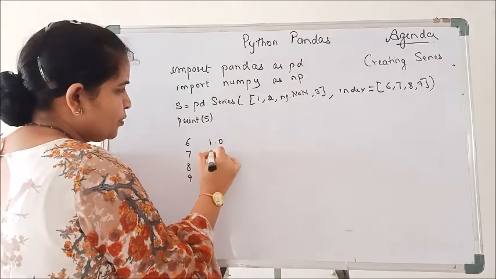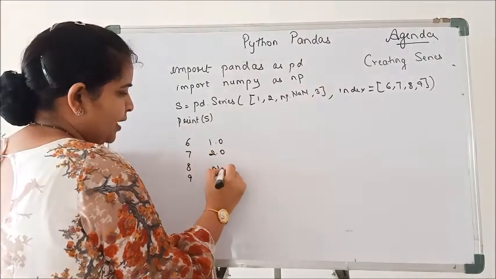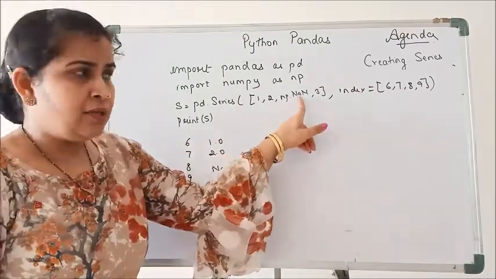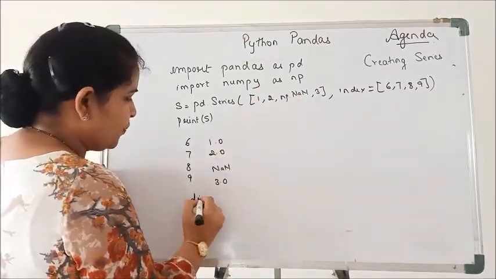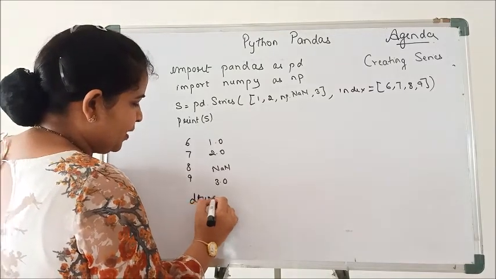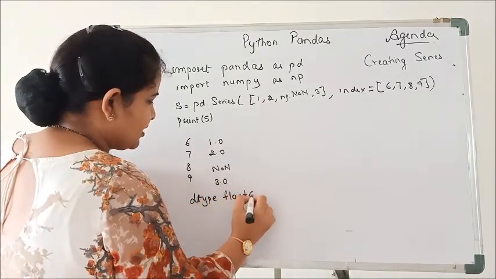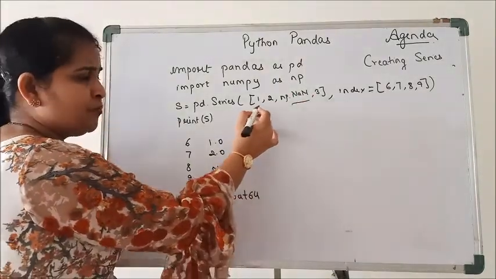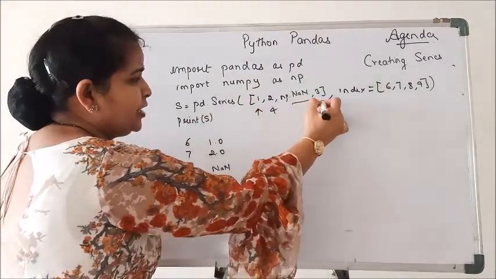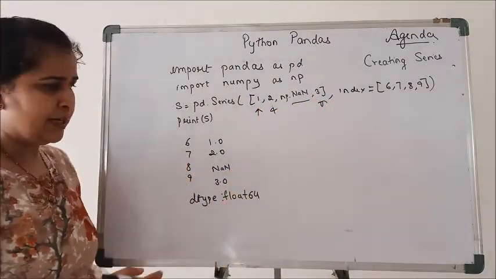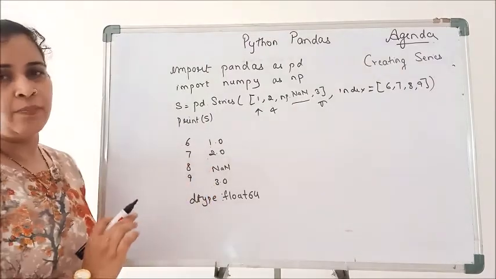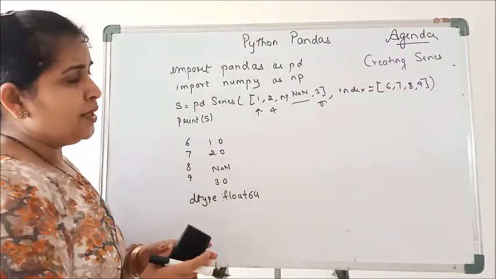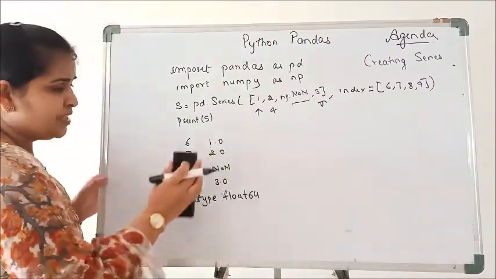After that 1.0, 2.0, NaN and 3.0. When we are using NaN, the data type will be converted, the dtype will be float64. Whenever we are using NaN, even if you are using integers, they will be converted into float data type: 1.0, 2.0 and 3.0. The index will be whatever we have mentioned. In this way you can create a series with missing values.